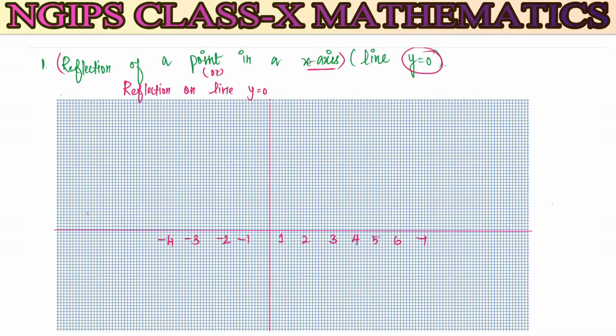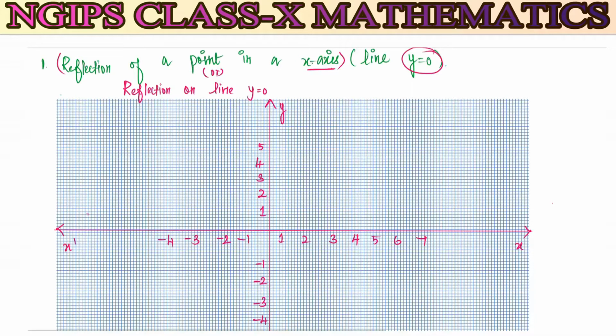This is the x-axis, so I can write x dash, and this is going to be the y-axis. Here I can take the positive values 1, 2, 3, 4, 5, and here I can take -1, -2, -3, -4.